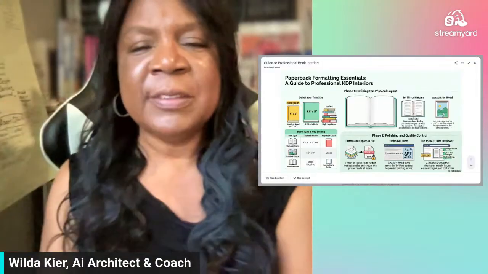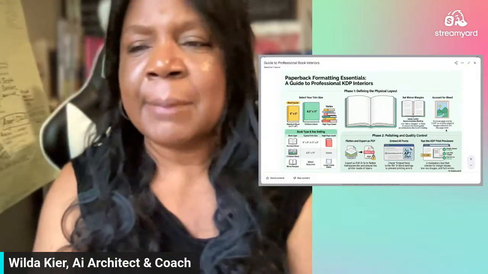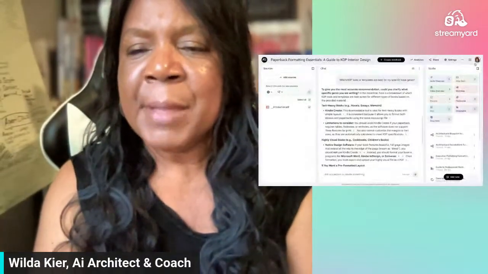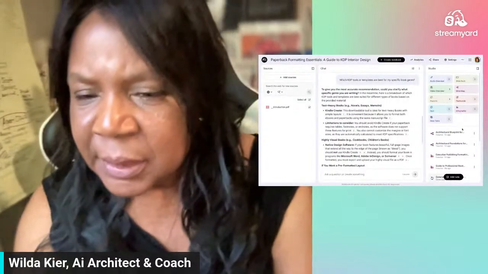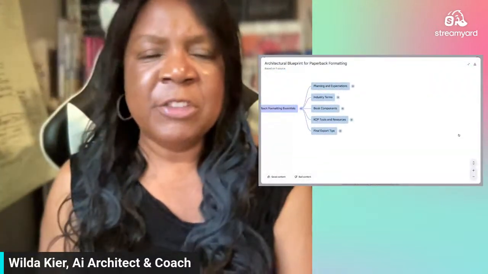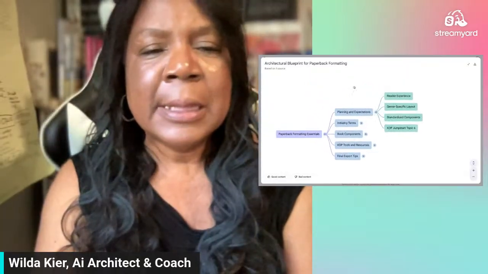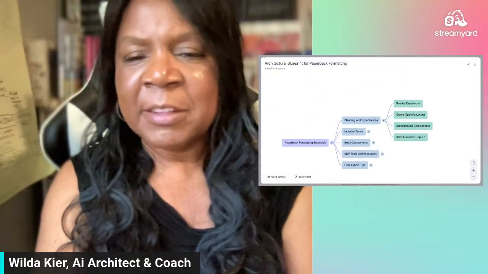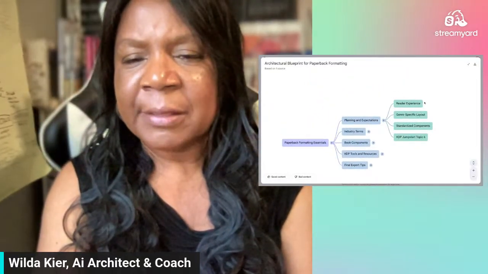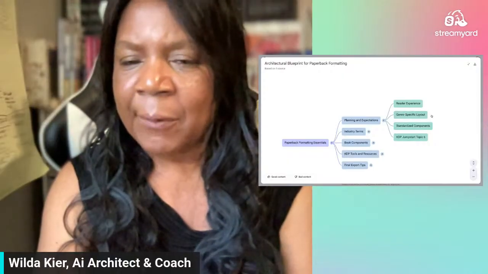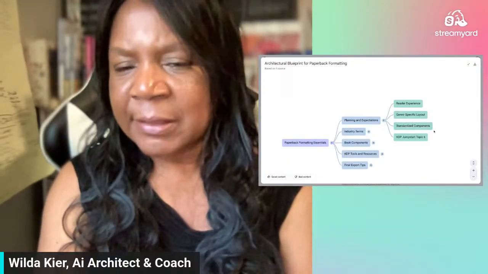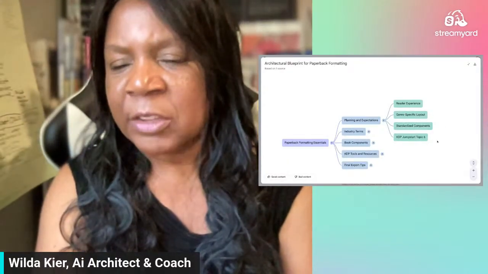I could use this as a poster at an event that I'm trying to sell books at. That is great. Let's look at the different mind maps. So planning expectations, reader experience, genre-specific layout, standardized components, KDP jumpstart topic.